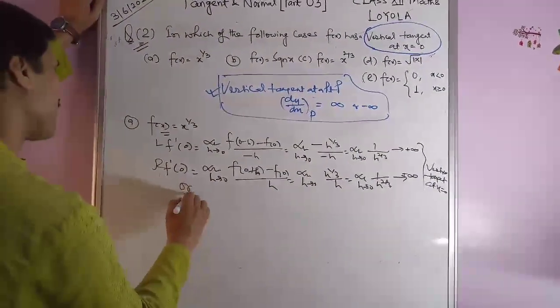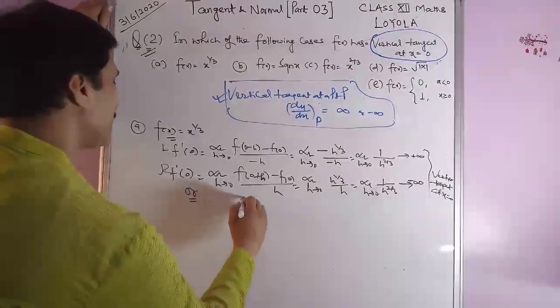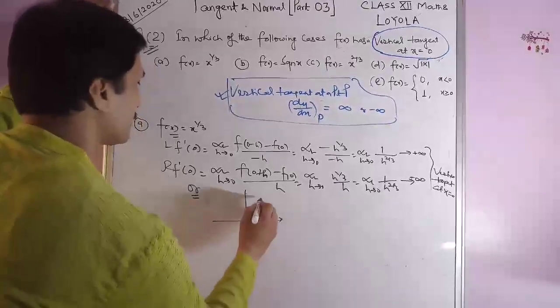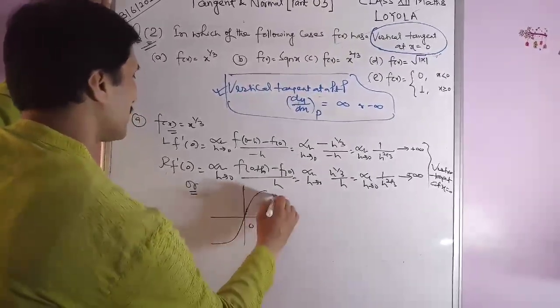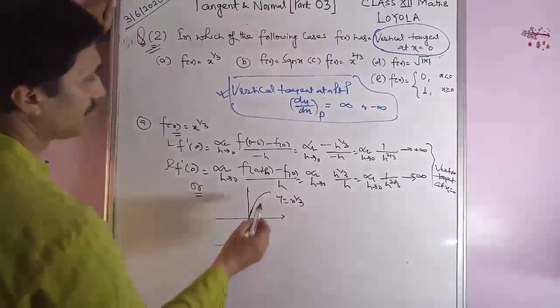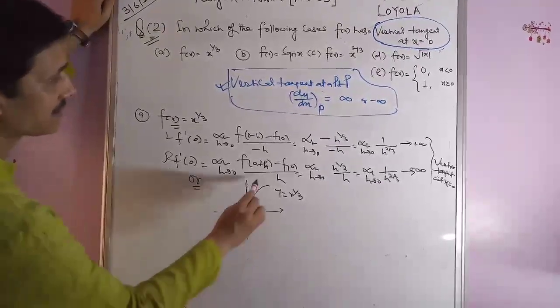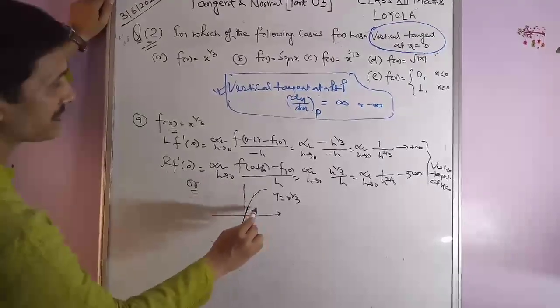Or alternative approach, we know this is the graph of y equal to x to the power 1 by 3. We know the graph of x cube like this; cube and cube root are inverse of each other.